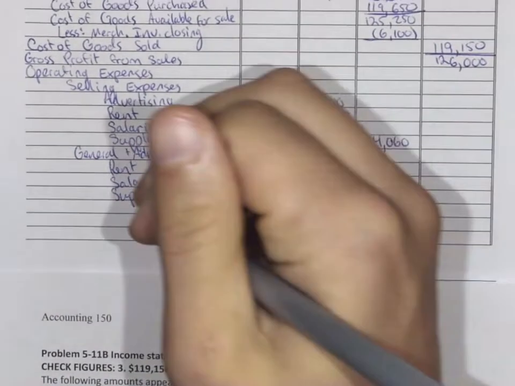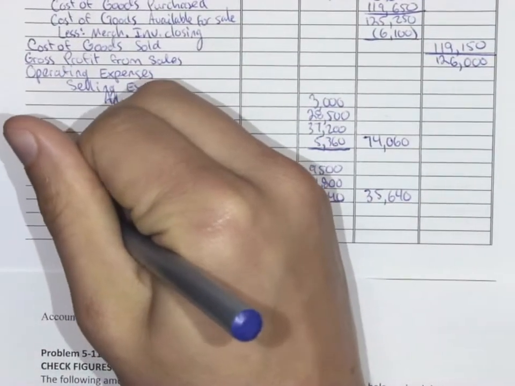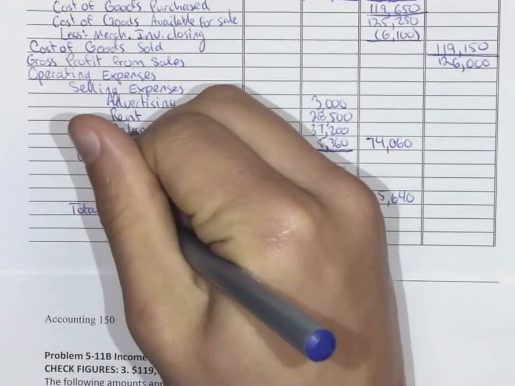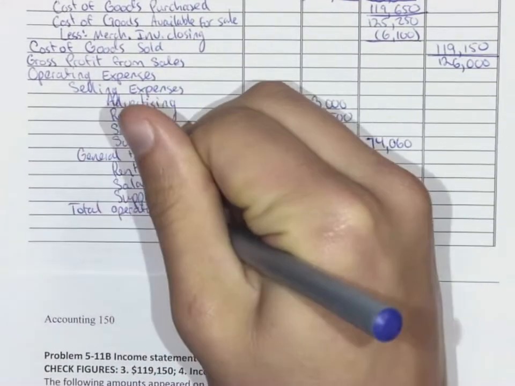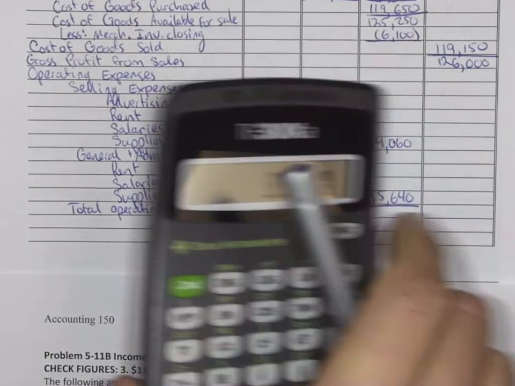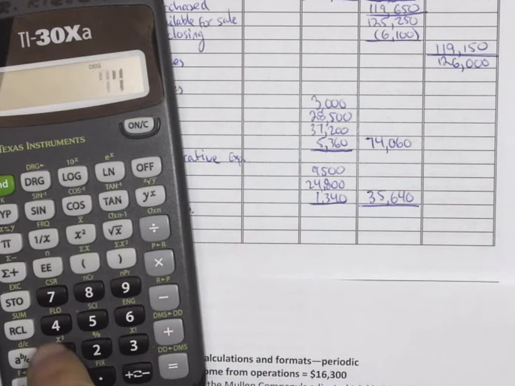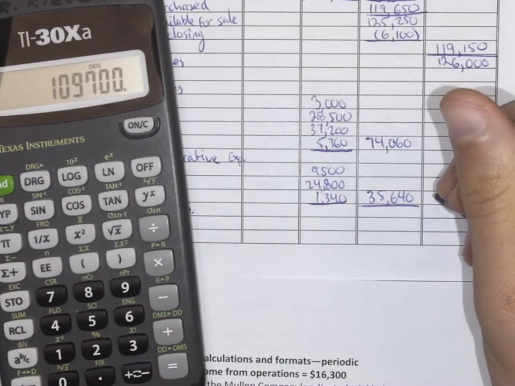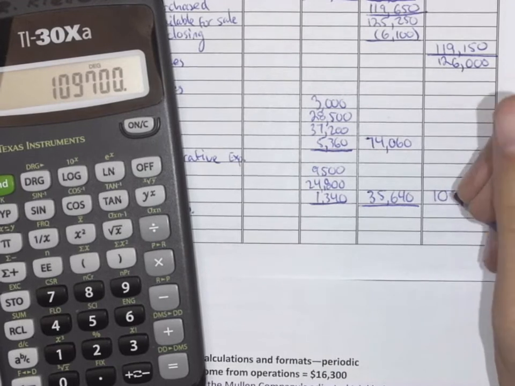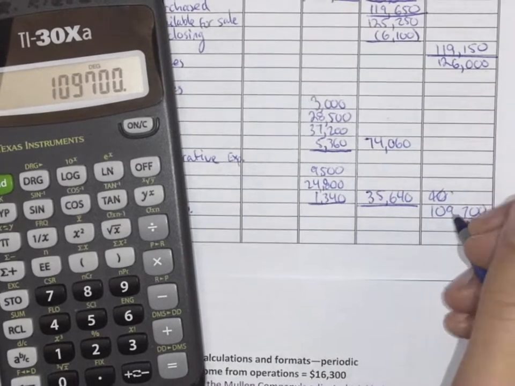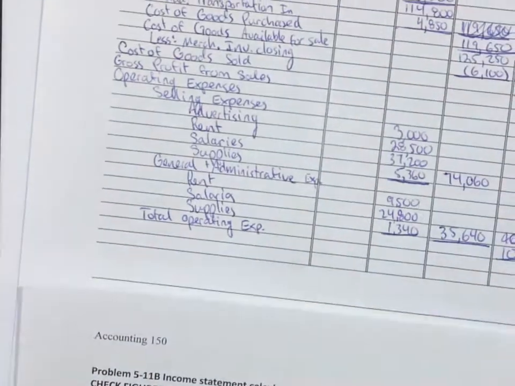And we get our total operating expenses. Then I get our profit.